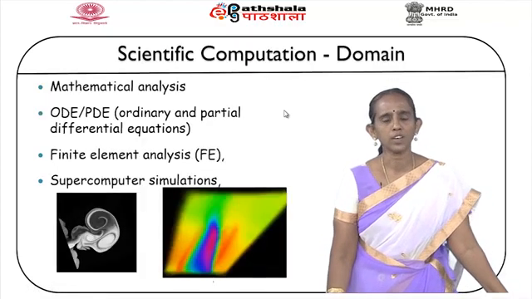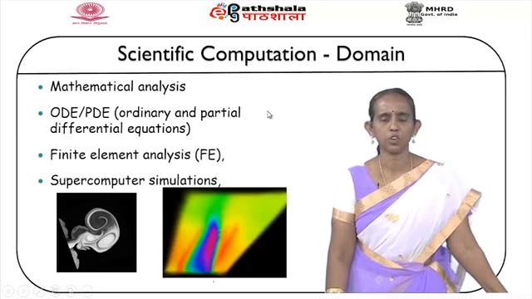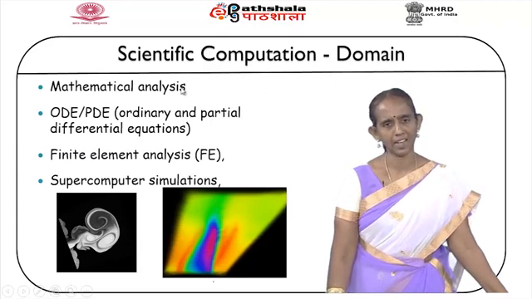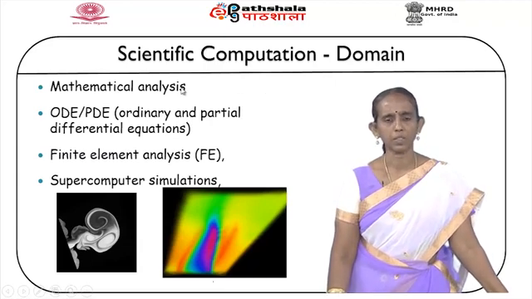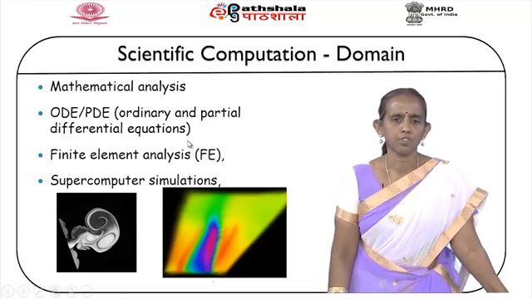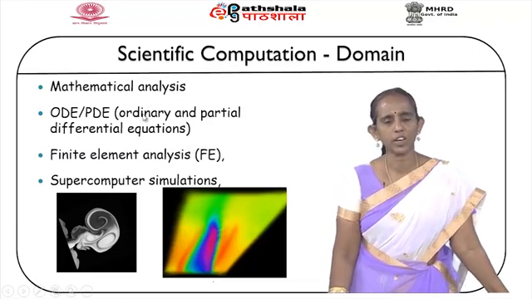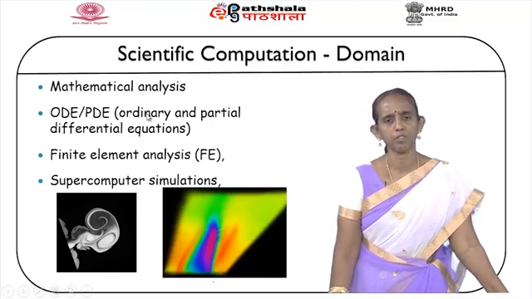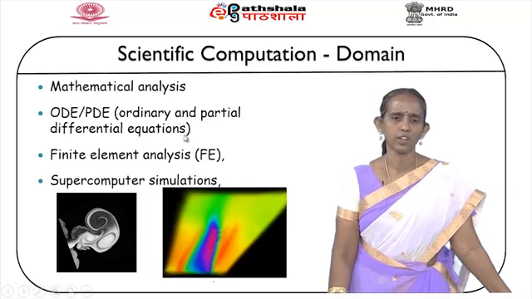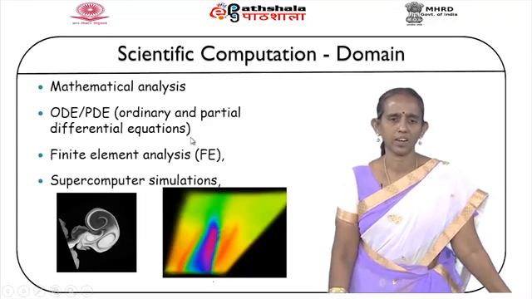Then, other than scanners, we have the scientific computation domain. In scientific computation, it is possible for us to perform mathematical analysis. Some partial differential equations or ordinary differential equations can be represented in the form of visualizations, so that it is easier for the end user or the reader to understand what exactly it is.